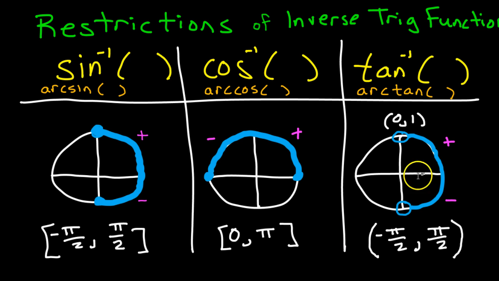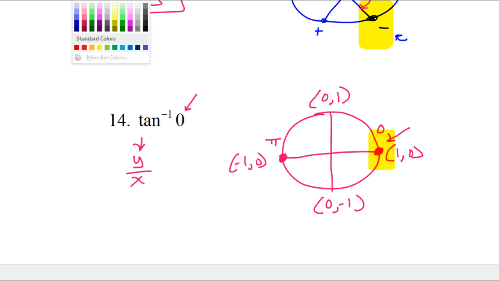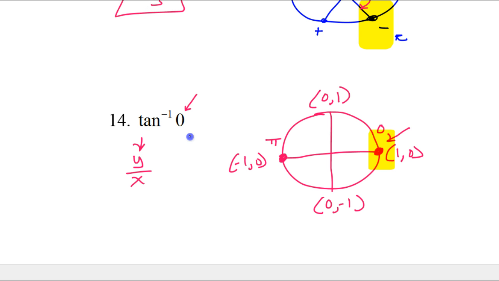And the domain restriction says that tangent is only going to be defined on the right hand side of the circle, from negative pi over 2 to positive pi over 2. So with that in mind, if we're going to stay on the right hand side of the circle, that means, ding ding ding, this one has to be the answer. So the answer is 0. The tangent of angle 0 gives you a value of 0.